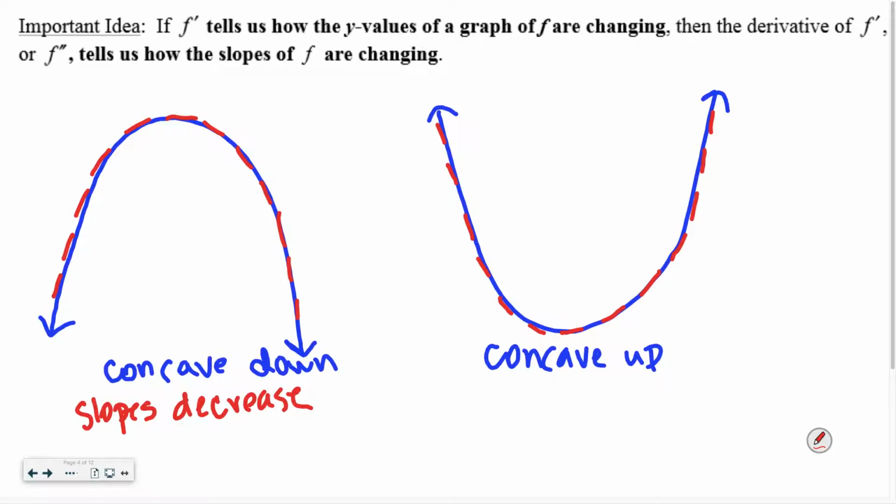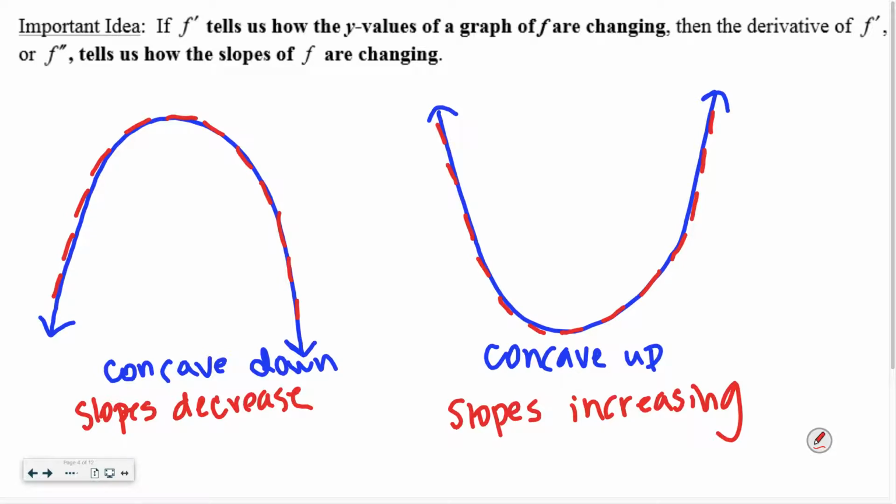We could describe it as our slopes increasing. So concave down means our slopes decrease, and concave up means our slopes increase.